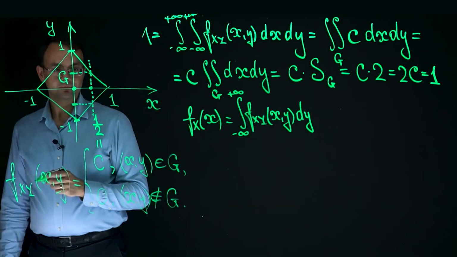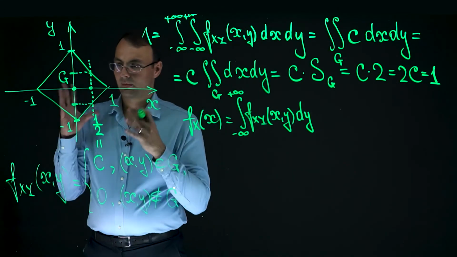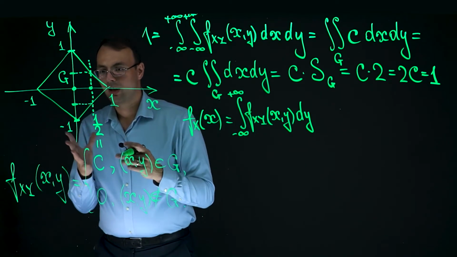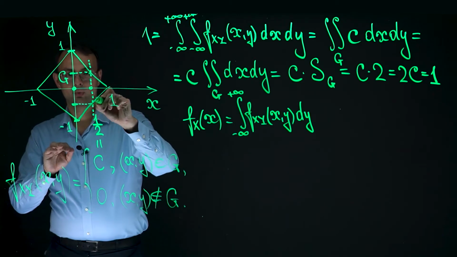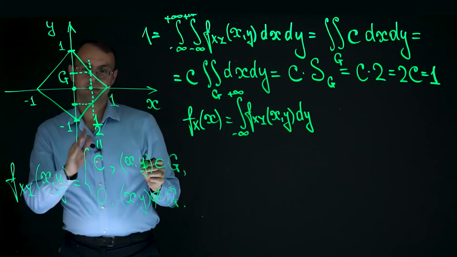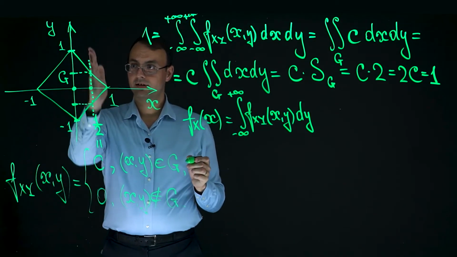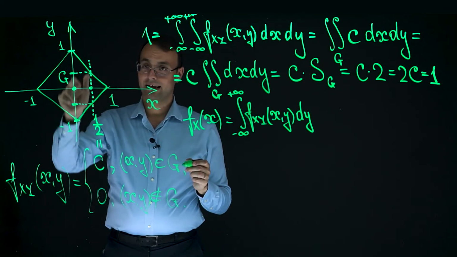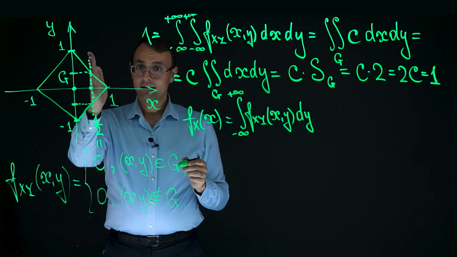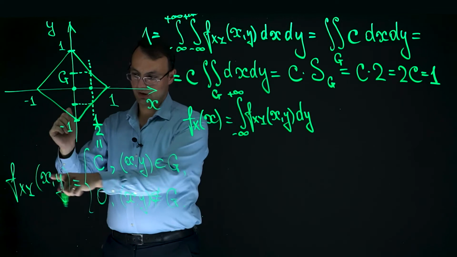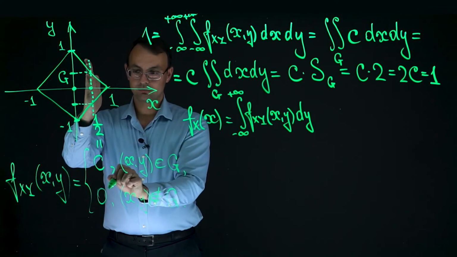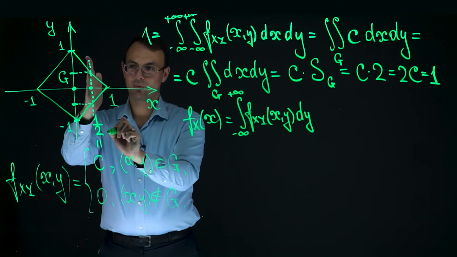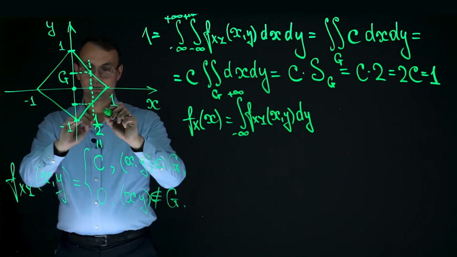So let us think a little bit. When we go along a line parallel to the OY axis, where does our function, our joint PDF, stop being 0 and start being 1/2?